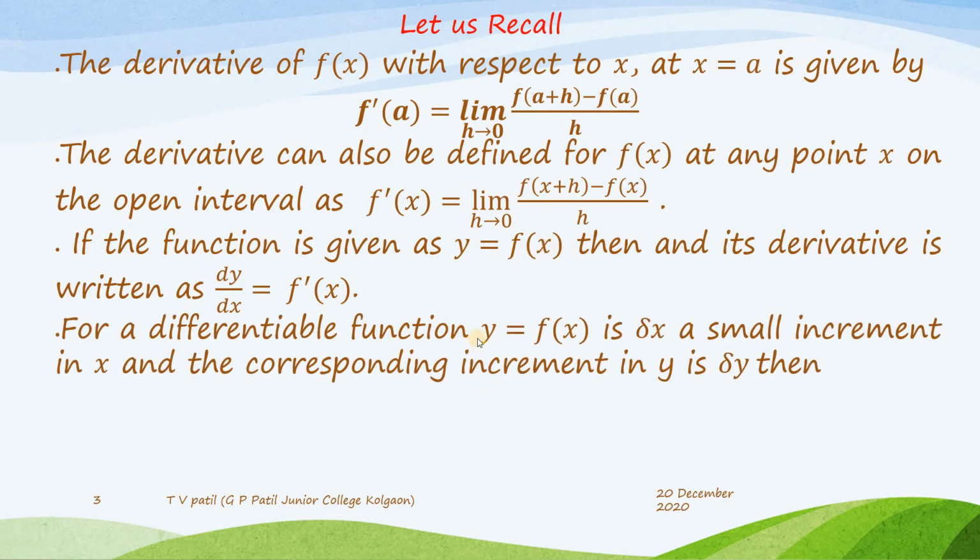For a differentiable function y is equal to f x, if delta x is the small increment in x, then the corresponding increment in y is delta y. Then limit of delta y upon delta x as delta x tends to 0 is equal to dy by dx. It's again the definition of derivative.